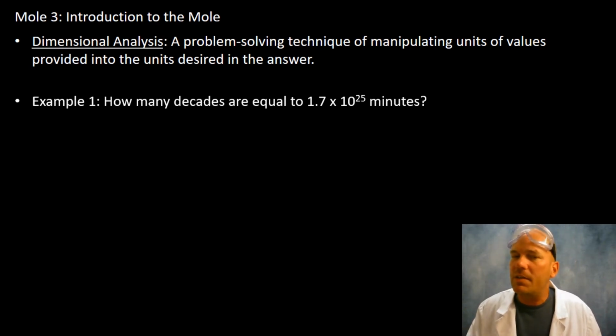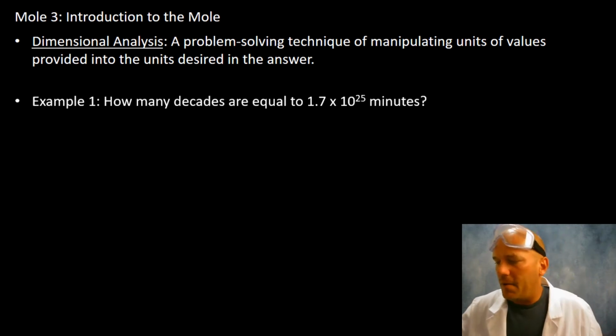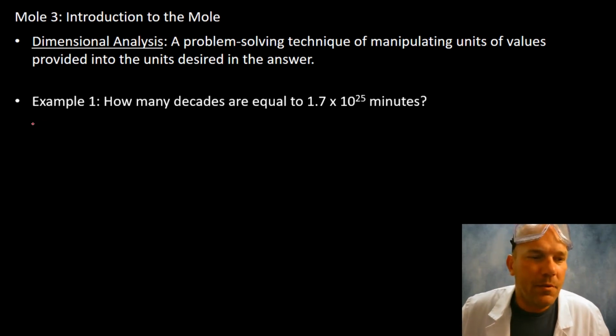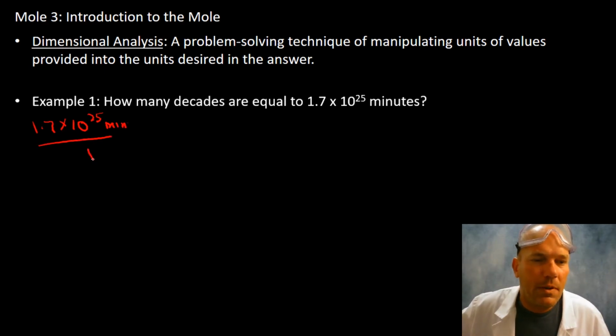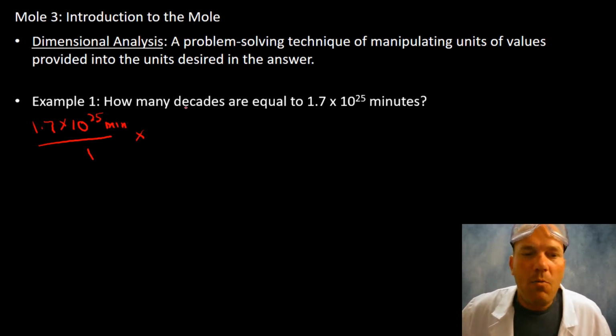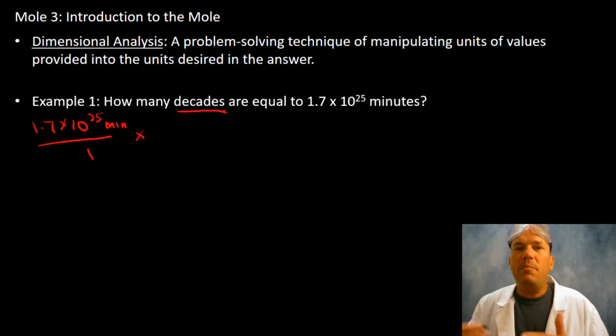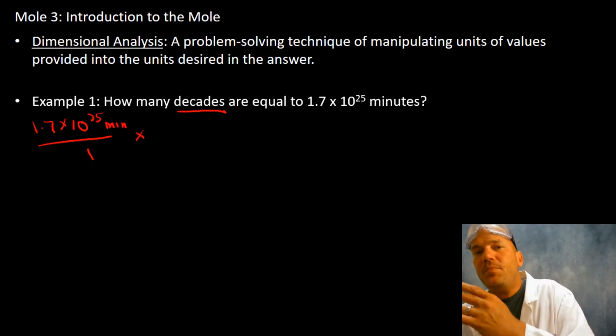Now, I'm already starting to pay attention to sig figs here. I have one piece of information, 1.7 times 10 to the 25th minutes, and I will typically put that over 1. Now, the way this works is I don't want minutes. I want decades. So I want to factor label my way and convert minutes into decades.